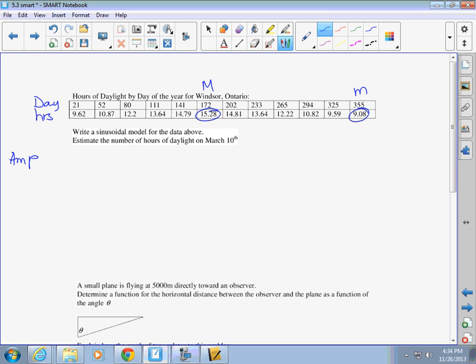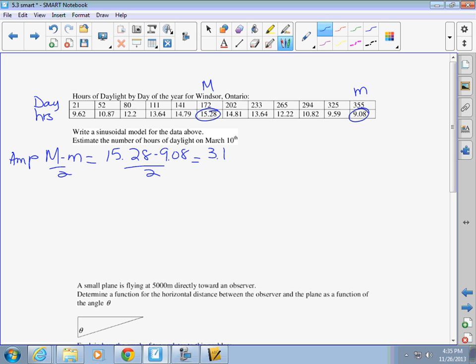My maximum minus my minimum, divided by 2, means I have 15.28 minus 9.08, divided by 2. There's a difference there of 6.2, so that leaves me with 3.1 as my amplitude.